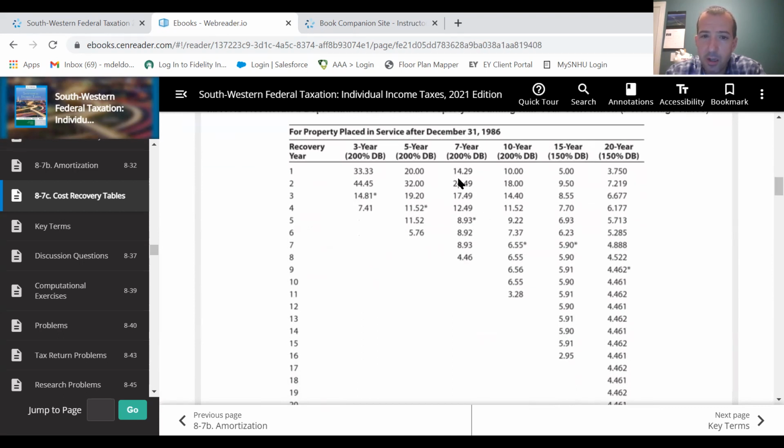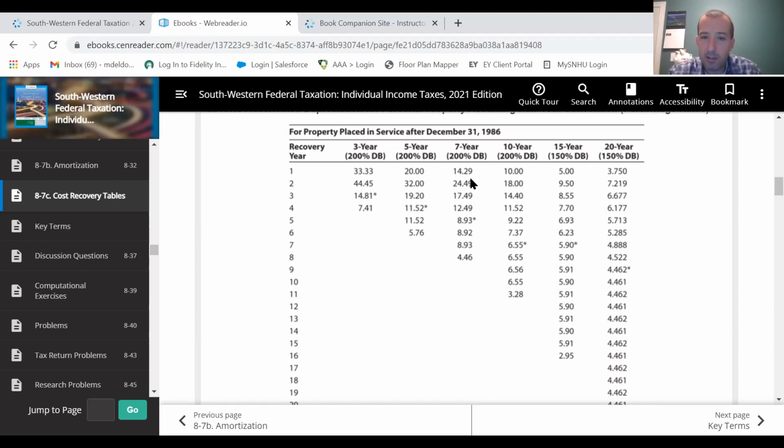And you'll notice, because we're using an accelerated depreciation method on the 7 years, we're looking at 200%. We're going to recognize more expense in the earlier years. You'll notice that these percentages are higher in the earlier years and less in the later years, right?